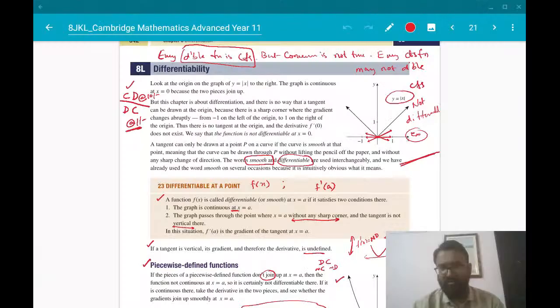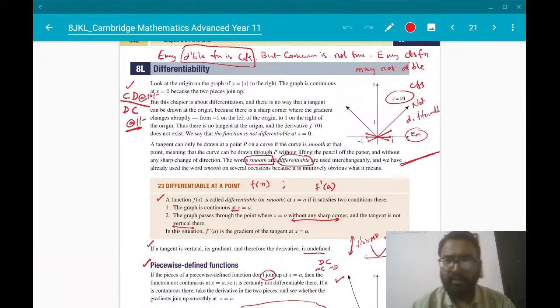Let's enable my live session. Here I'm sharing my screen to my live class, which is about this particular window, not the entire full screen share. So this is my live session of differentiability.